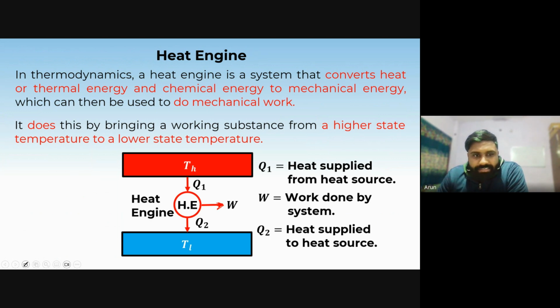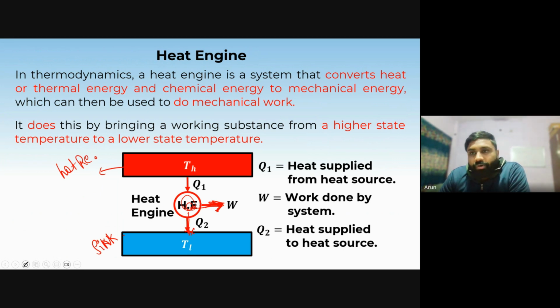This is the heat engine, this is the hot reservoir, and this is the sink. So what does the engine do? Engine takes up the heat from hot reservoir, Q1 heat, then it converts it into some useful work, and then finally it rejects some heat to the sink.